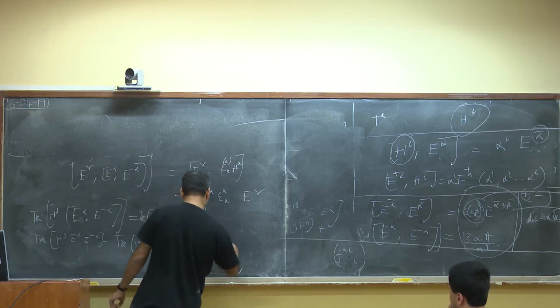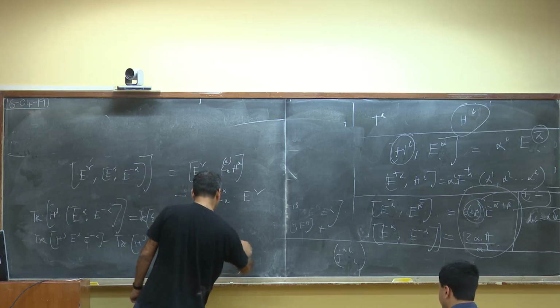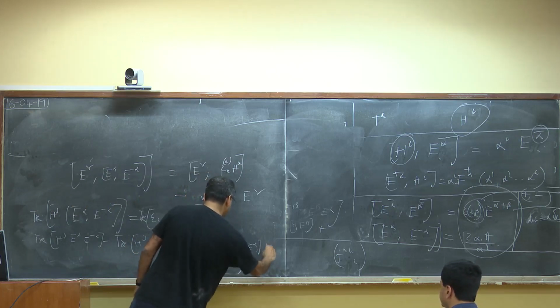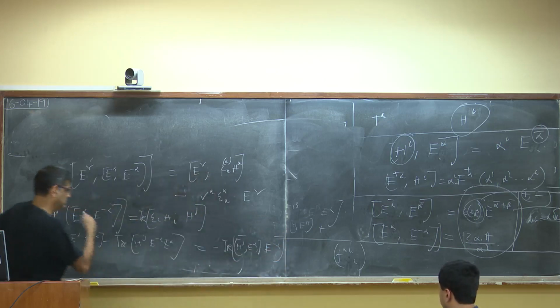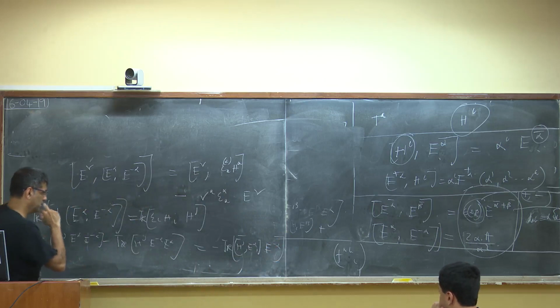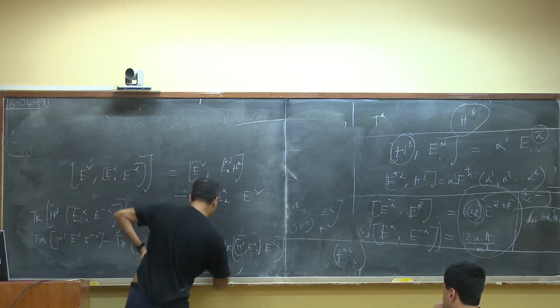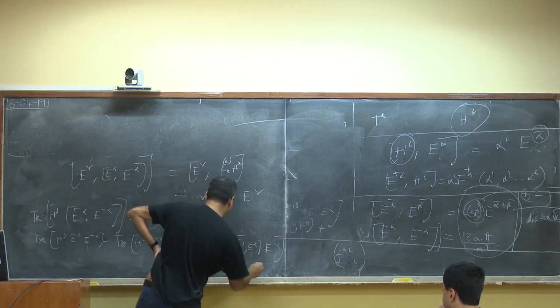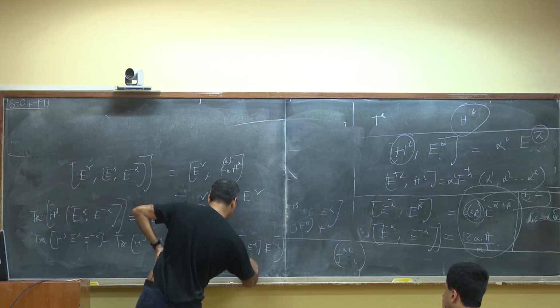That's equal to minus trace H^j E^α E^-α, which will give me minus, won't work, yeah, α_i times E^α E^-α.